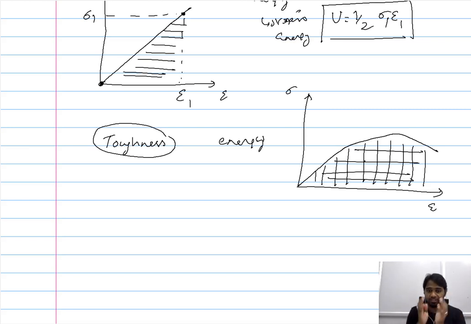It is the energy absorbed by the material, but it is not just confined to the elastic limit, but extends through the overall life of the material during testing. So the energy absorbed by the material till it fails is what we refer to as the toughness. The overall area under the stress strain curve is the toughness, and the area under the stress strain curve before the elastic limit, we refer to as the resilience.